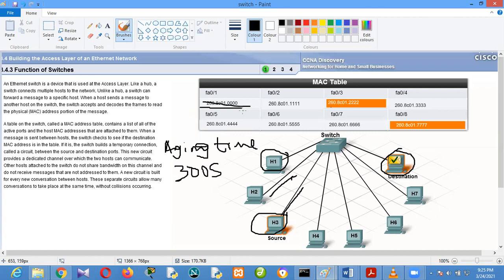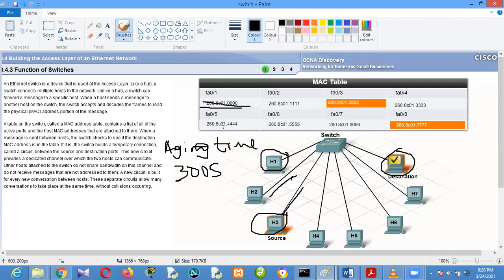The aging time is just 300 seconds in a switch by default, but you can change it on the switch. It's very important that you know that.